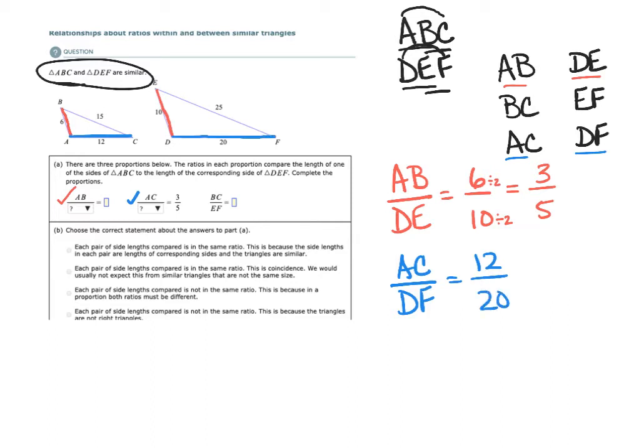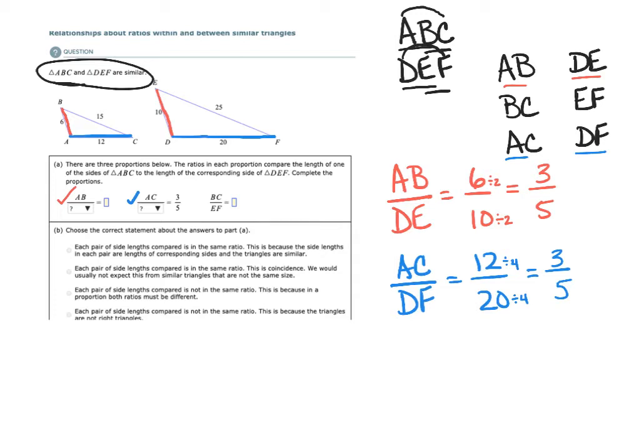And again, I can reduce these just like I would with any fraction, and it looks like they both share a 4 as a factor, so I'm going to divide them both by 4. 12 divided by 4 is 3, and 20 divided by 4 is 5. And now I have two of them that are in the same proportional relationship, 3 to 5.